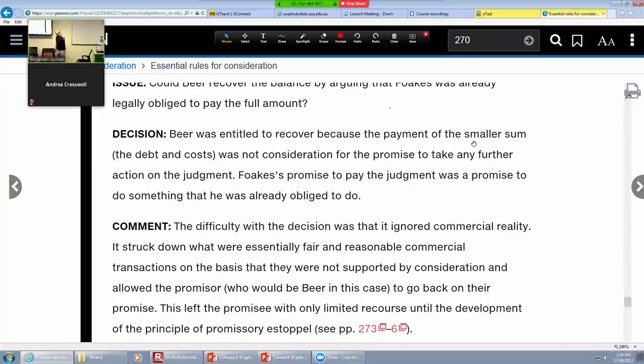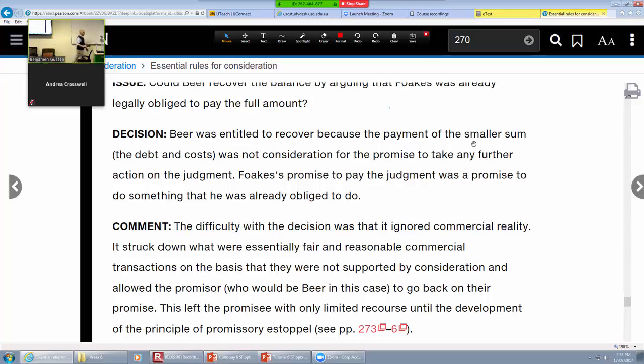Beer said, okay, I will not take any further action. But then they went to court again, and the court said, actually, that promise not to take any further action is not supported, because what you paid is less than the original amount. Where is the difference? Interest. So they said Beer would still be entitled to that interest.